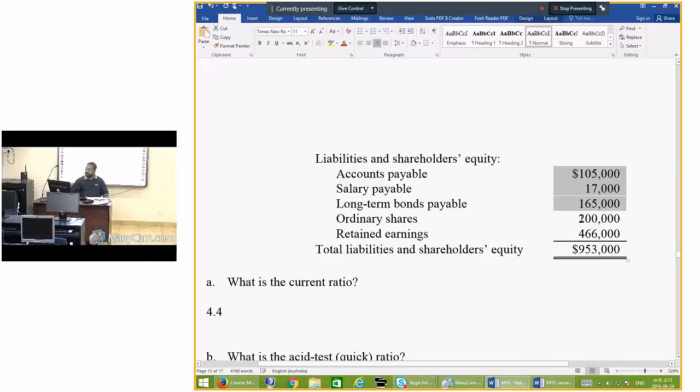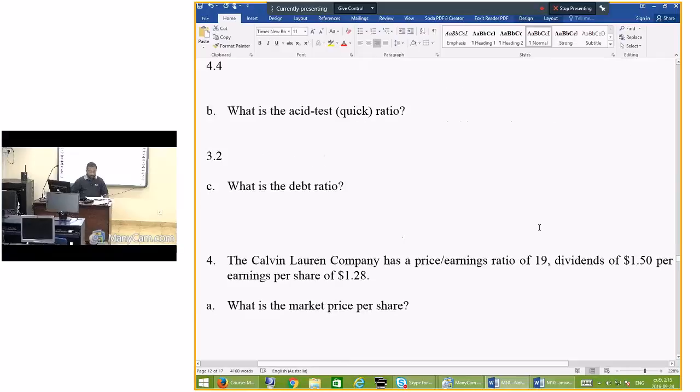The ordinary shares and retained earnings are inside claims. Outsiders contributed to this 953 by these three. Therefore, debt is closely how much?